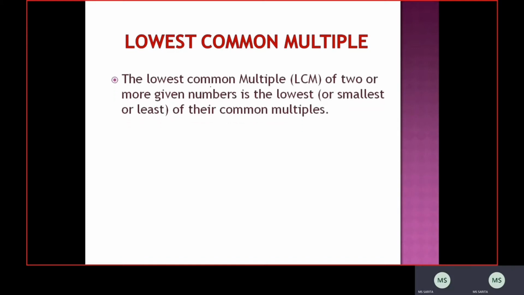First is the lowest common multiple. Firstly, what is the lowest common multiple? The lowest common multiple of two or more given numbers is the smallest of their common multiples. So what is the situation here? Whatever numbers are given for which we have to find the LCM, we'll write their multiples and see what the common multiples are.